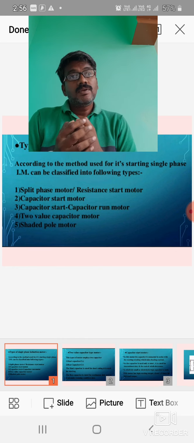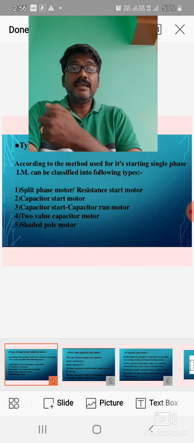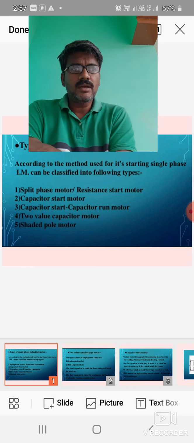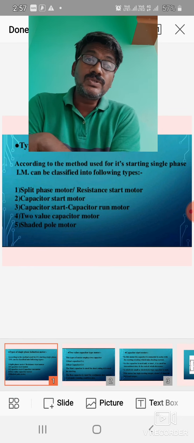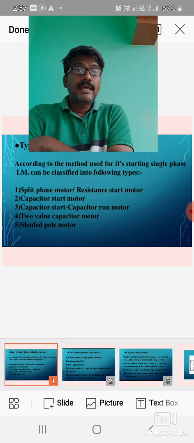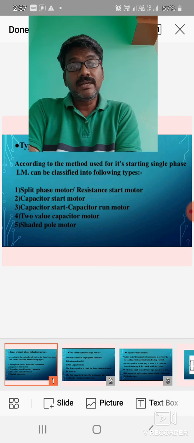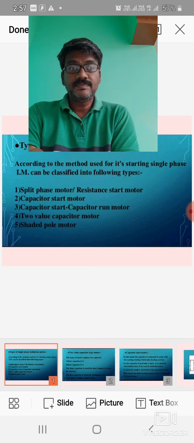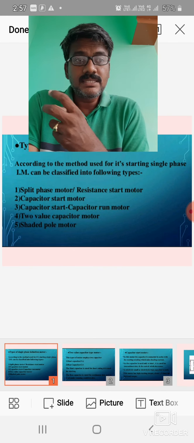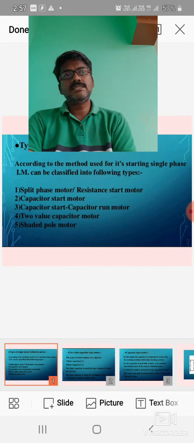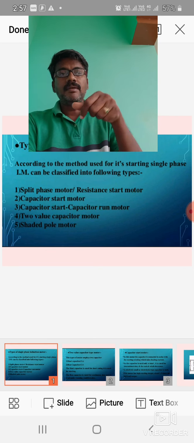The supply given to the three-phase induction motor produces alternating magnetic fields with a time gap of 120 degrees, right? By applying these three voltages, the three-phase supply, we get a rotating magnetic field.